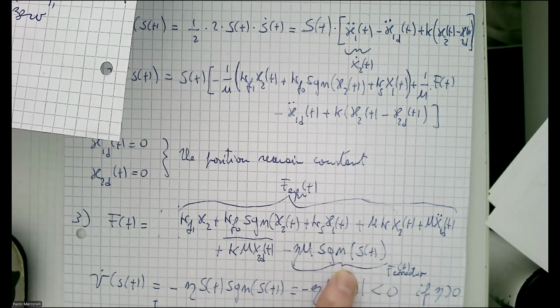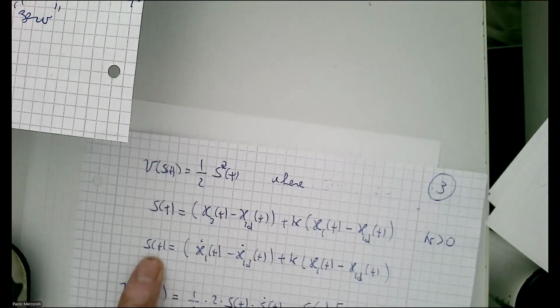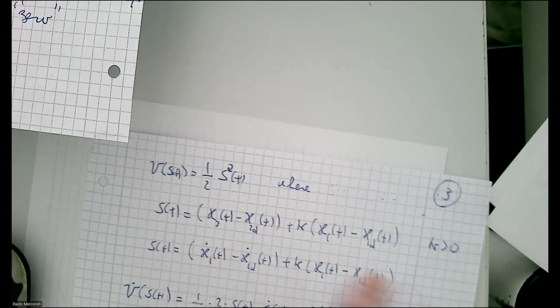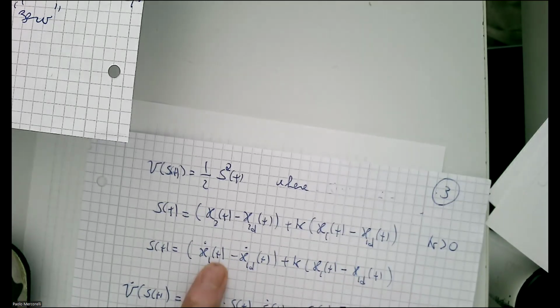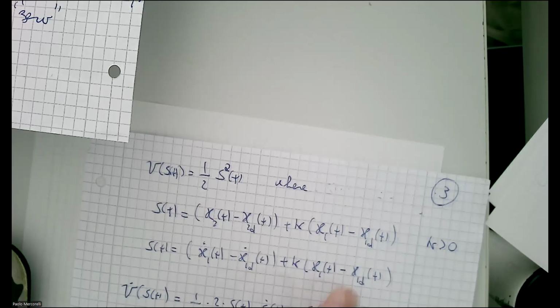Plus the corrective part realizes our control law, which basically allows to achieve in finite time s of t equals 0. S equals 0 means this dynamics here. This means the error between what I want to obtain in terms of x1 is going asymptotically to 0.